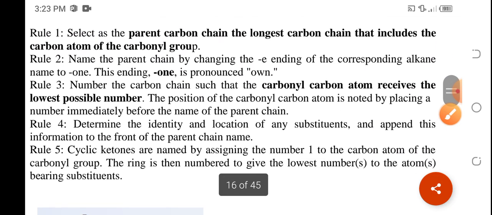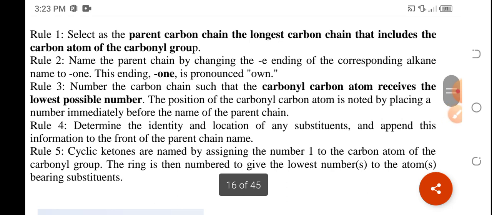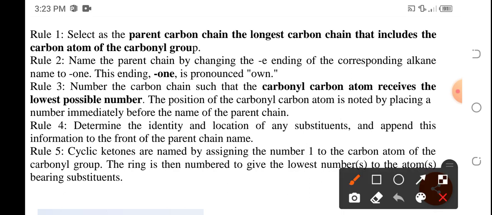Now, unlike the aldehyde a while ago, wherein the carbonyl carbon receives carbon number 1, for ketone, since it is sandwiched in between two other carbon atoms, you have to number the parent chain either left to right or right to left, for as long as you come up with the lowest possible number assigned to the carbonyl carbon.